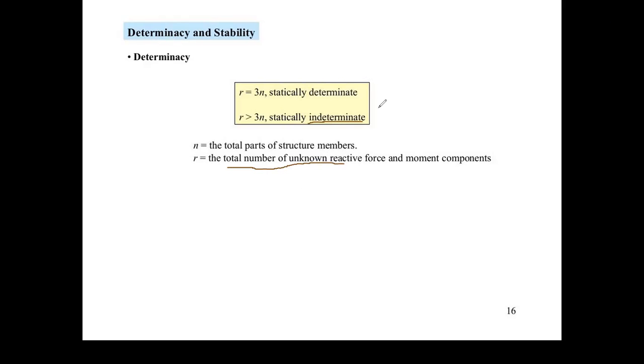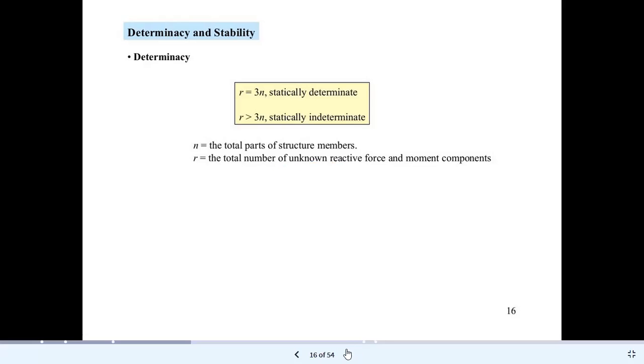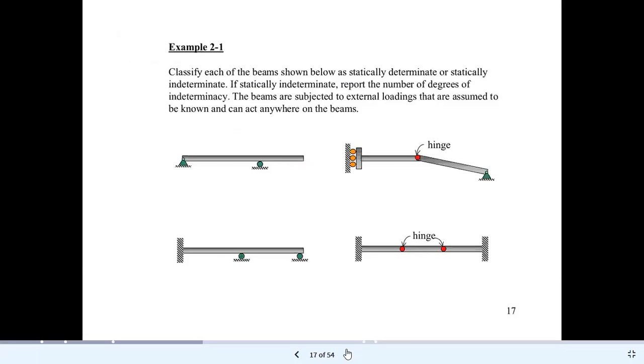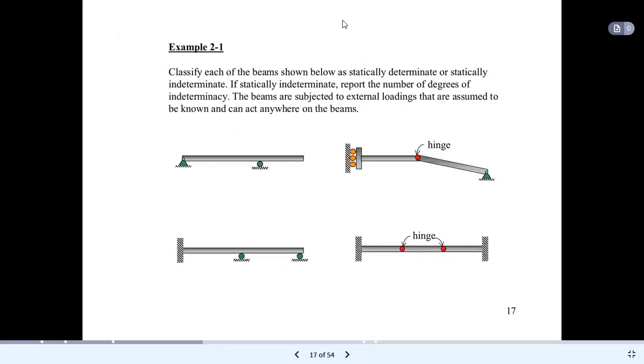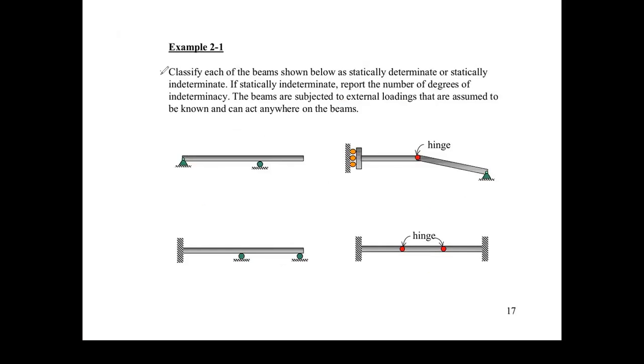Whenever we have some examples for the same, after going through those examples, you will be able to see. So let's start. Just see the statement: classify each of the beams as statically determinate or statically indeterminate.